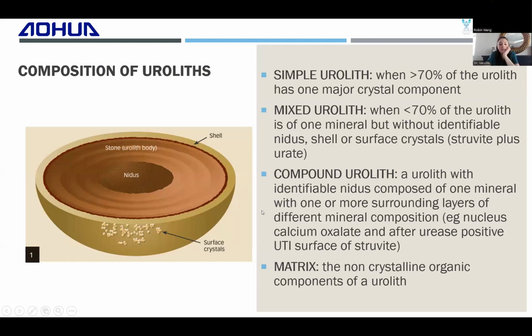Let's see the composition of a urolith. So we have the nidus, which is the nucleus, okay? And then we have the urolith body, and then we have the surface crystals, the shell, of the urolith.